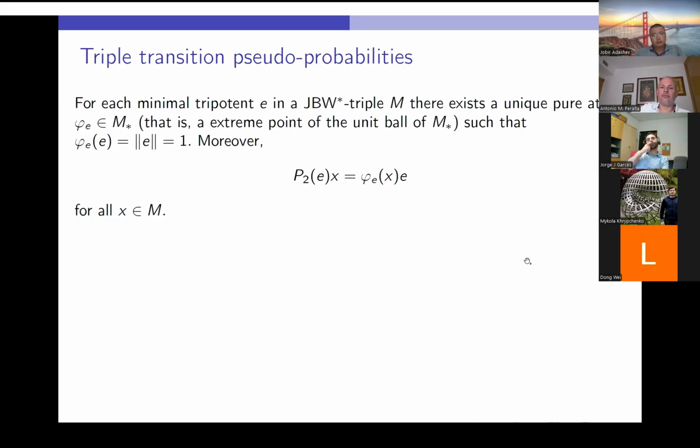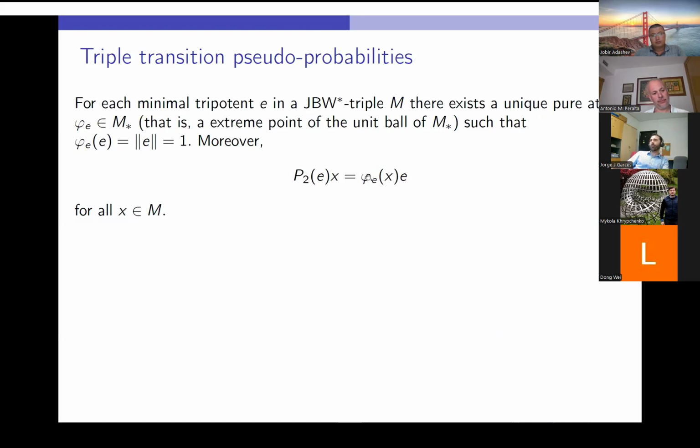And now we also need to, despite the fact that I'm not going to detail how we use them, these are very important in this work: triple transition probabilities. So whenever we have a J*-triple, it's going to have a predual, right? Because that's the definition of a JBW*-triple.